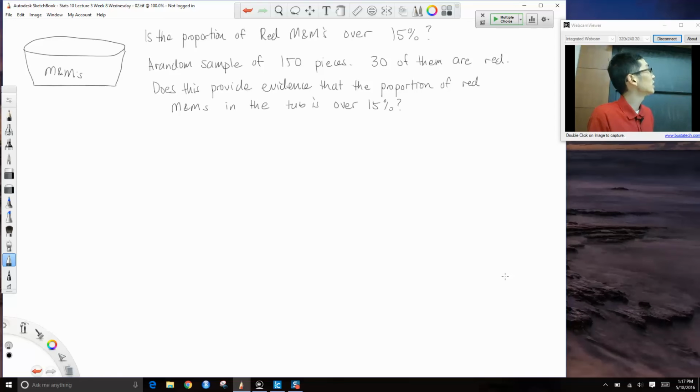The other scenario is that the tub actually has more than 15% red, and that's part of the reason why we're getting a sample of 20% red. So our data is n equal to 150. X is 30 red pieces, so the observed value that we get is 30 divided by 150, or a proportion of 0.2.